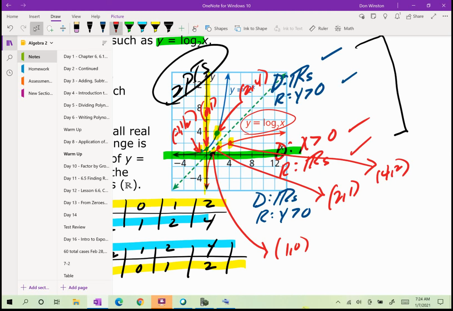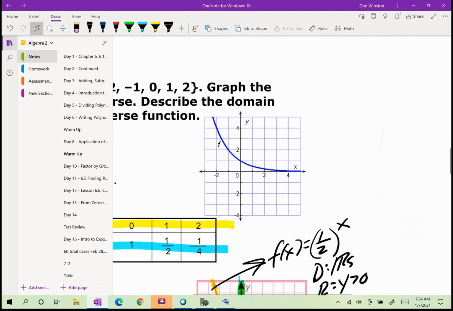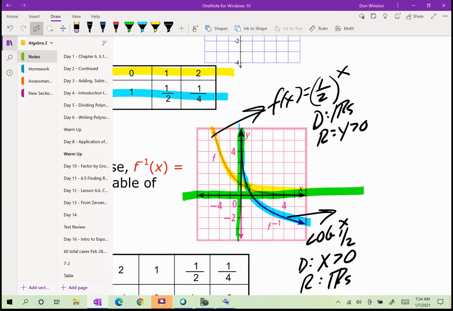Okay, so this is my log function here. The domain is x is greater than 0. Unless we make a transformation, that's always the case. If I go back to this one, again, this is my log function. The domain is x is greater than 0.